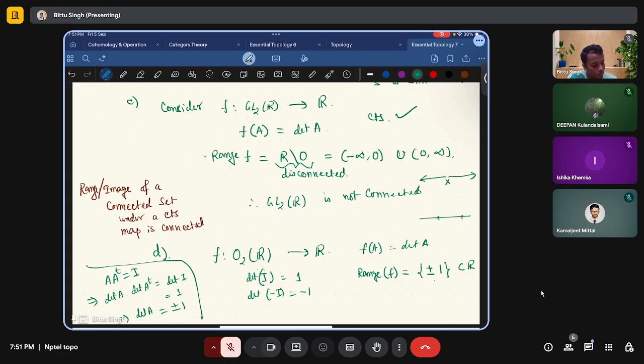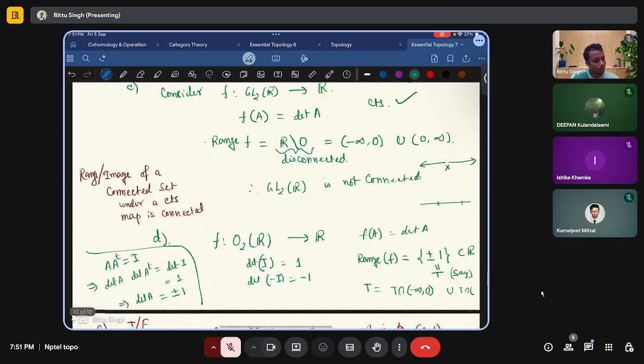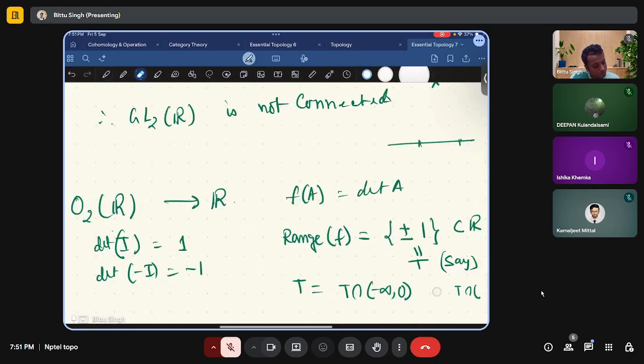Because if we consider this set, say T, then T can be written as T intersection minus infinity comma 0 union T intersection 0 comma infinity.